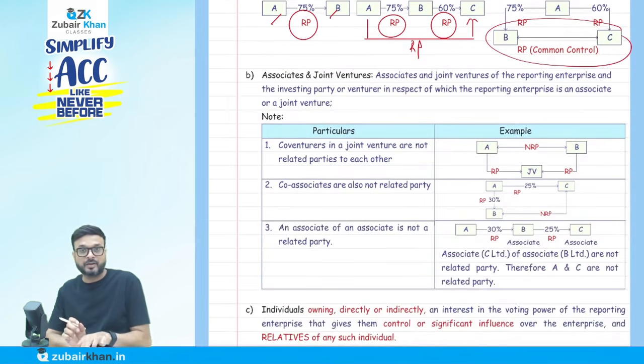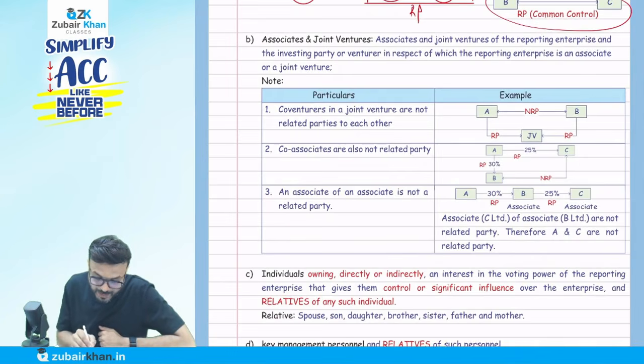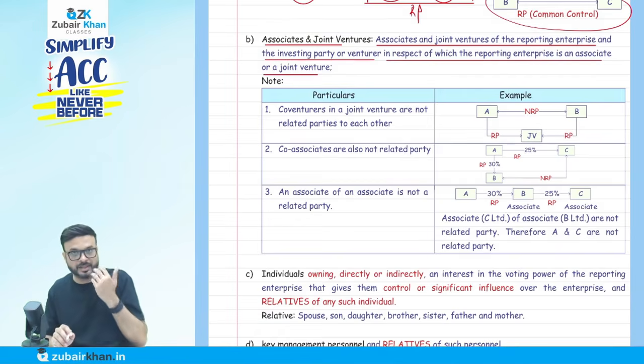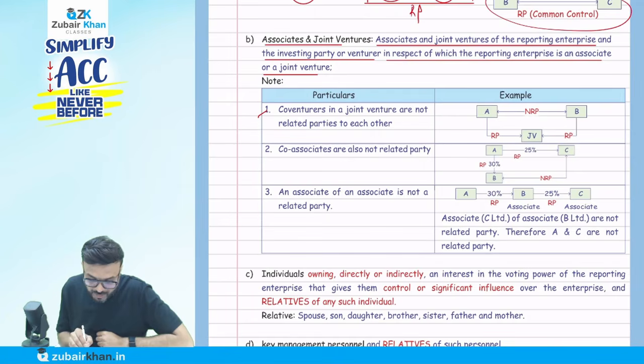Now I'm coming to point B: associate and joint venture. Associate and joint venture of the reporting enterprise, and the investing party or venturer in respect of which the reporting enterprise is an associate or joint venture. Let me explain through an example. Co-venturers in a joint venture are not related to each other.